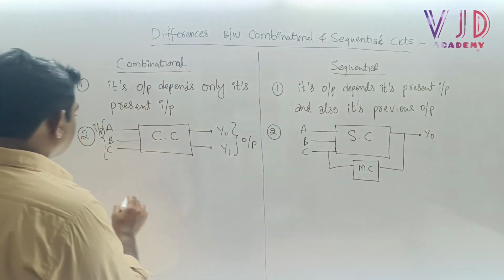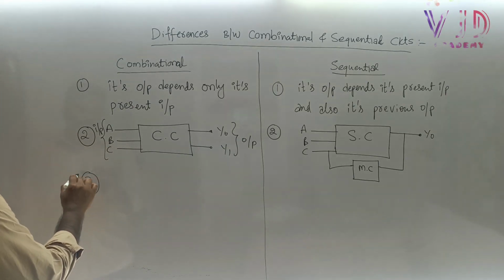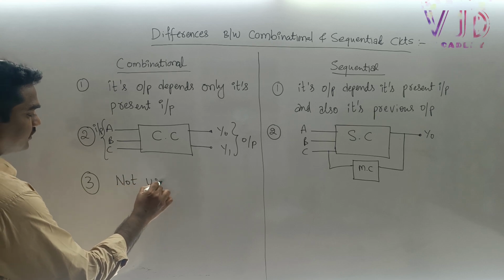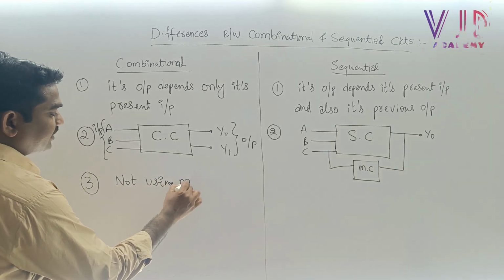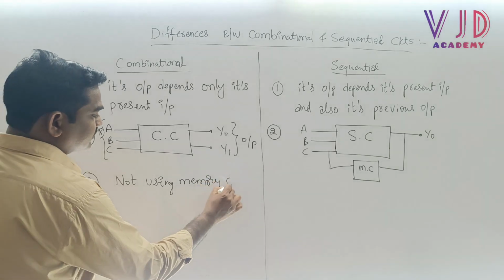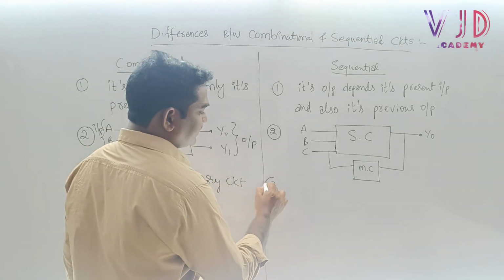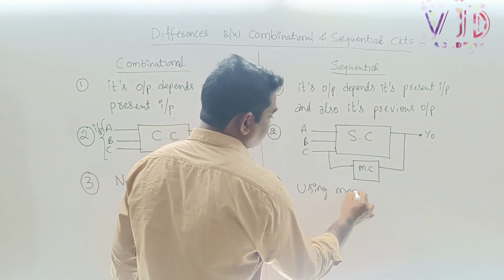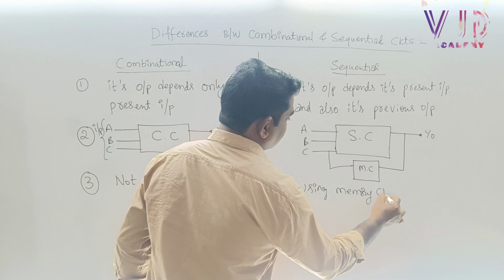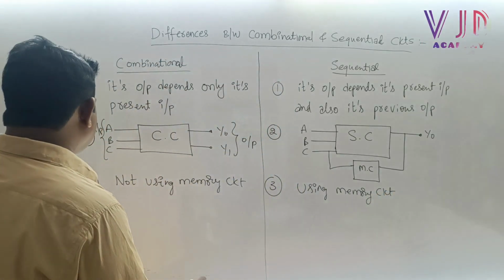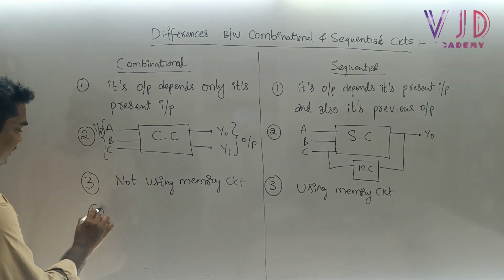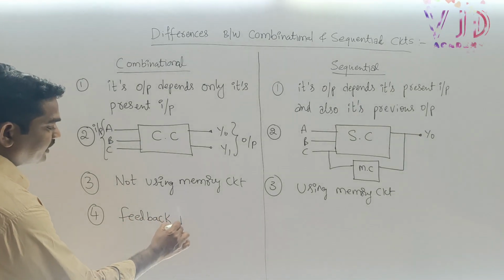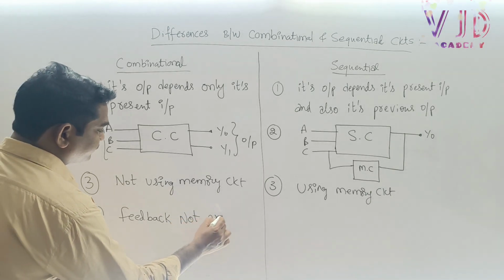Coming to the third difference: here in the combinational circuit we are not using a memory circuit, while in the sequential circuit we are using a memory circuit. This is the third difference. The fourth one is feedback not present.